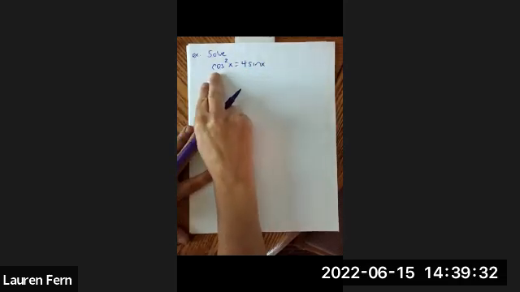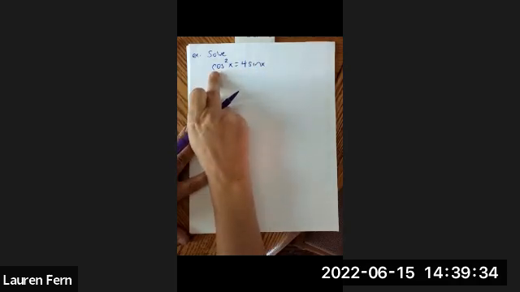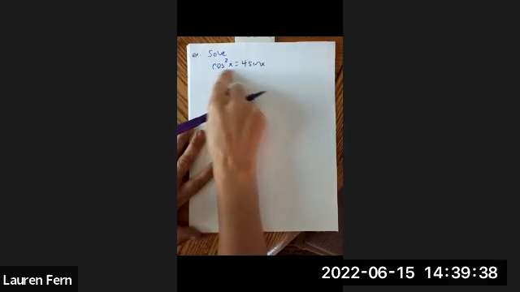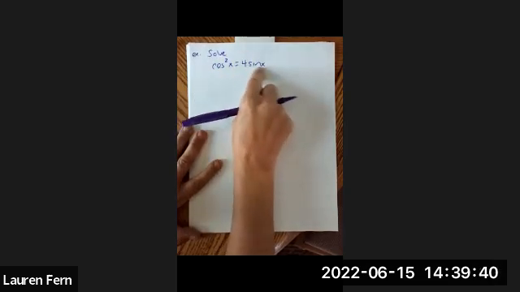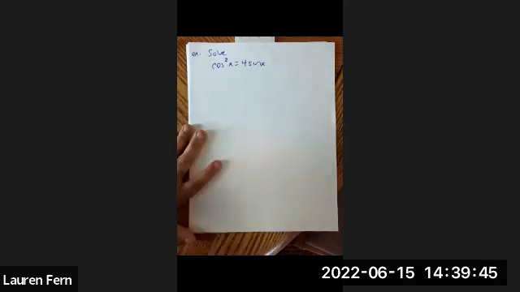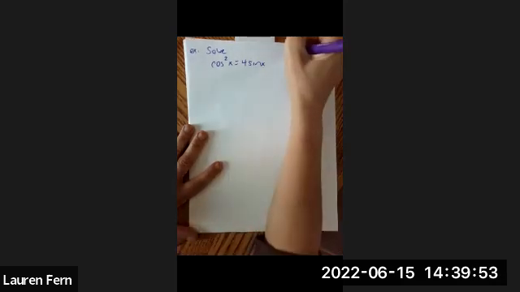But even if I was to move this 4 sine x over here, there's nothing I can do to factor these because this only has a cosine and this only has a sine. So I then ask myself, is there a way that I can write this just in terms of one trig function? And yes, there is.